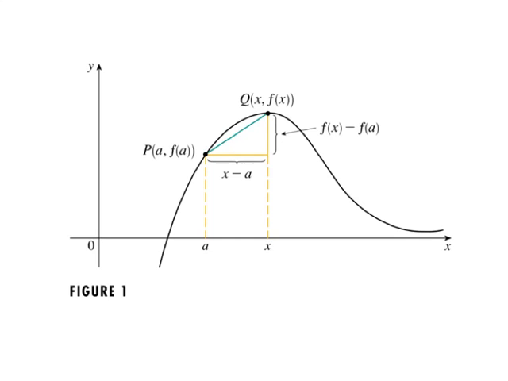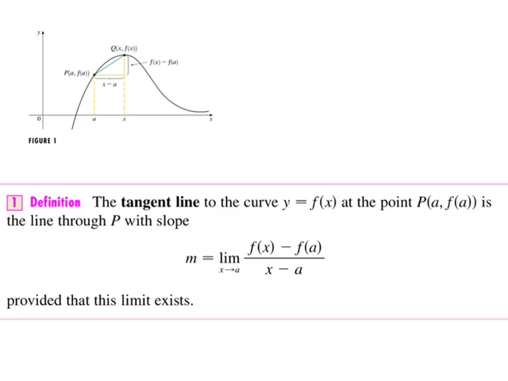So again, this is point A, this is the x value a, this is the x value x. So here is the difference in the two y values, and here's the difference in the two x values, right? So that's exactly what we just looked at on the last page, and that brings us to a formula.